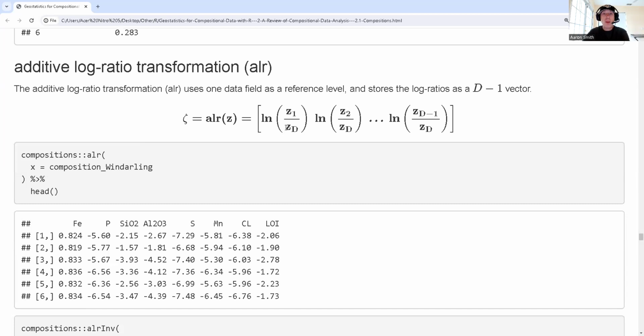Every single time in the ratio, I have the reference level on the bottom and the non-reference level, the one we're actually interested in for the entry, in the numerator. This is the additive log ratio transformation. We're just restricting ourselves to the non-zero part of a row in that pairwise matrix, and in this presentation we're using the last column as our reference level.